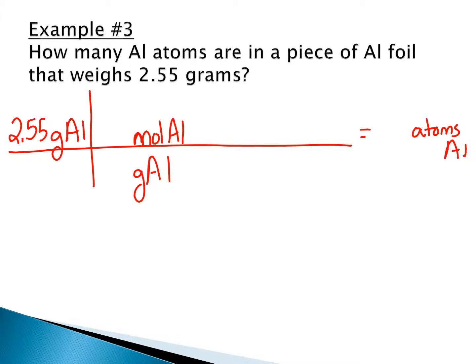I know from the periodic table that there are 26.98 grams of aluminum in 1 mole. Okay? Grams cancel out, and now I have moles. All right, now, can I convert from moles to atoms? I sure can. I just have to use Avogadro's number. So I'm going to take moles and move it down.